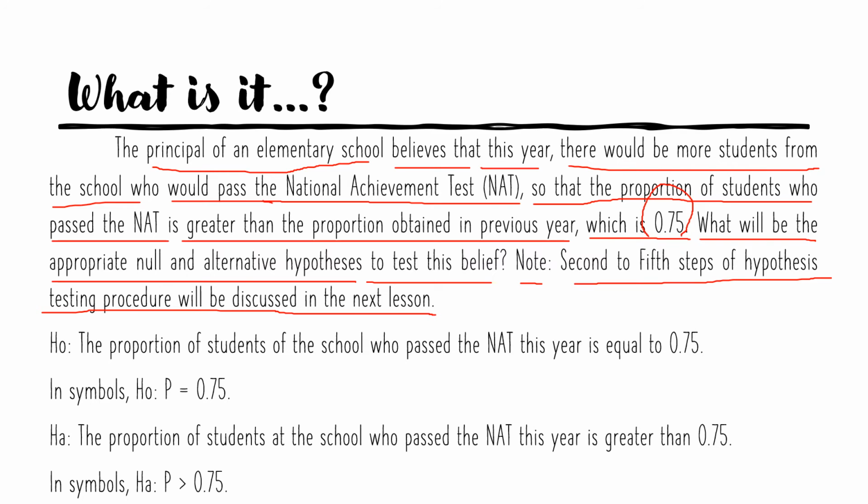So there is a keyword here, greater than the proportion obtained in previous year, which is 0.75. From our previous discussion, we always said that the words greater than is more specific than, for example, at least. When we say at least, the value should be greater than or equal to that value.